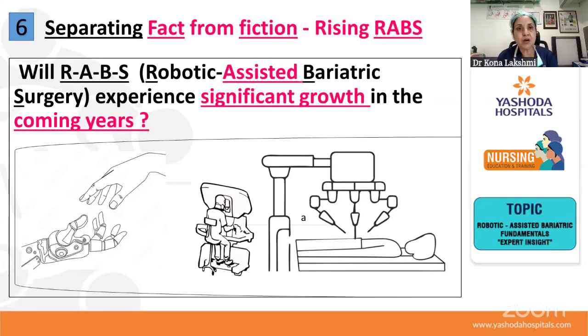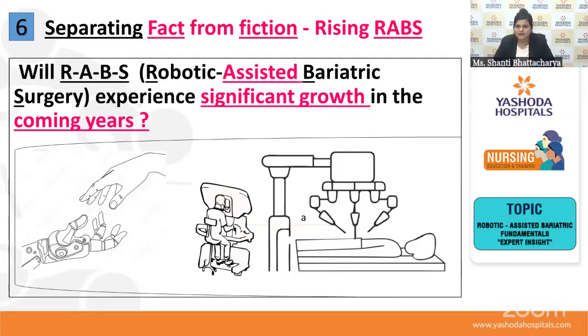Over time, a lot of instruments were made to get over those difficult steps, but the difficulty was still there. For a very obese patient, laparoscopic instruments are 5 mm. You can increase the length, but you cannot increase the width.